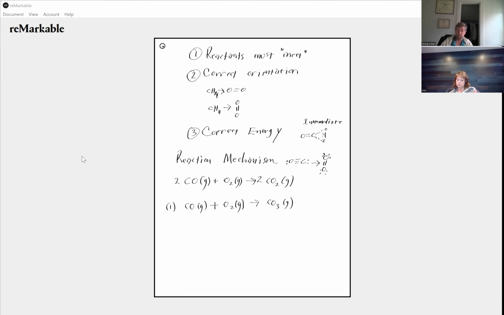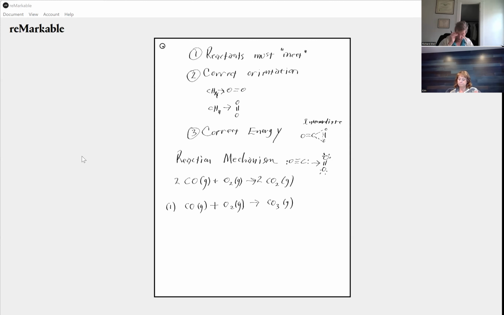They are not stable. They are somewhere between reactants and products. So don't think of this as an actual chemical. This is an intermediate. In a reaction mechanism, the intermediates must always fall apart. They must always cancel out.